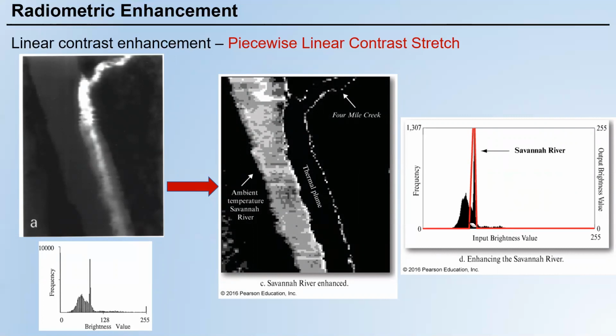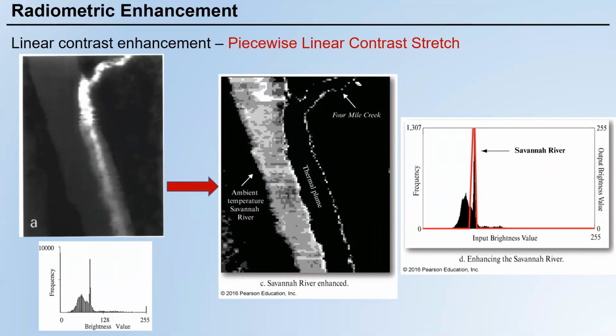Any pixels outside this input range of Savannah River are assigned this time not 255 but 0, so they're pure black here, right? So segment 1, segment 2, and segment 3, and any pixels not within the Savannah River are given a value of 0.